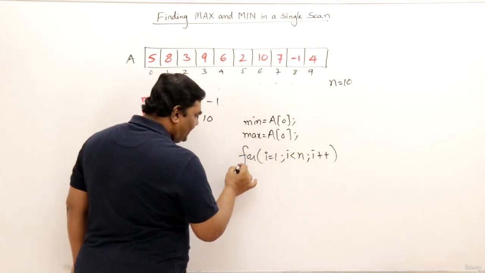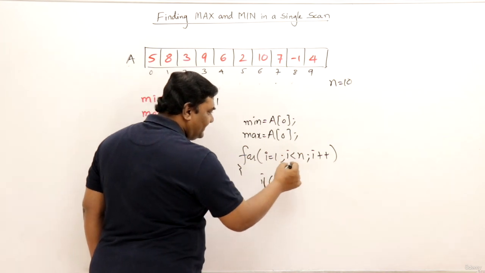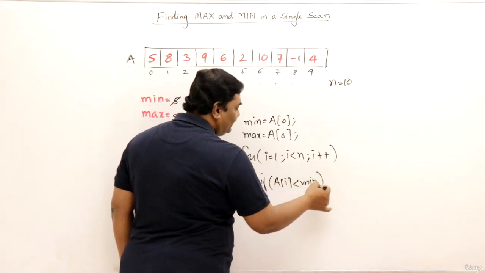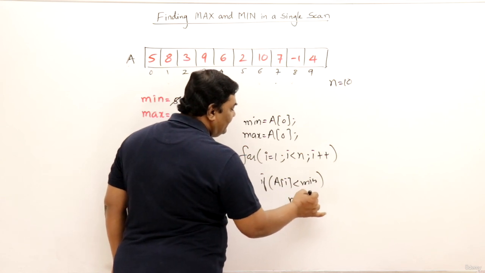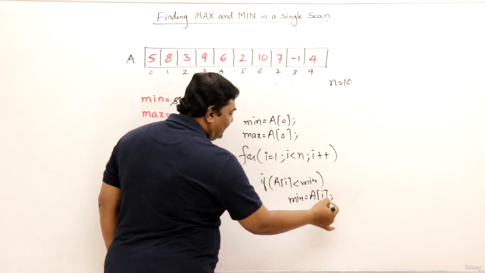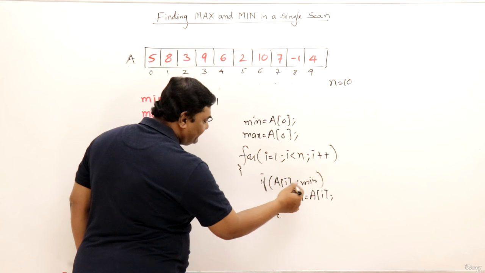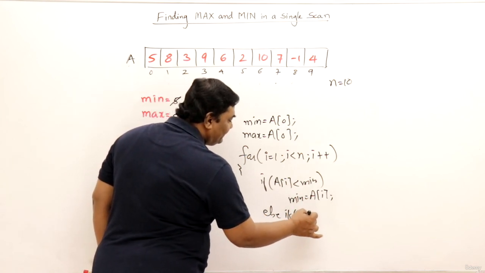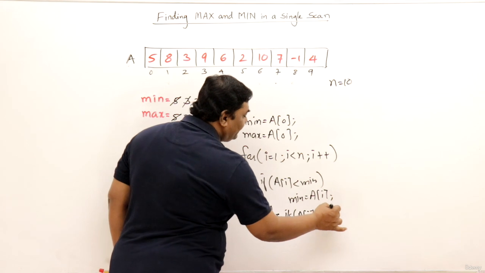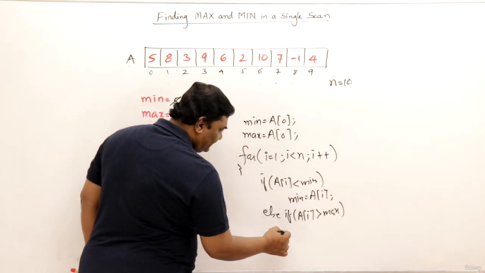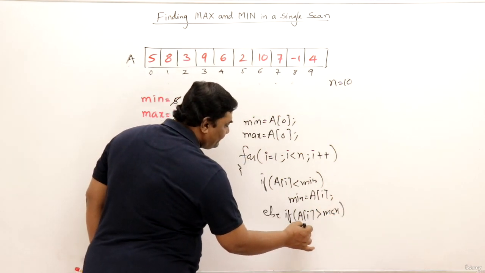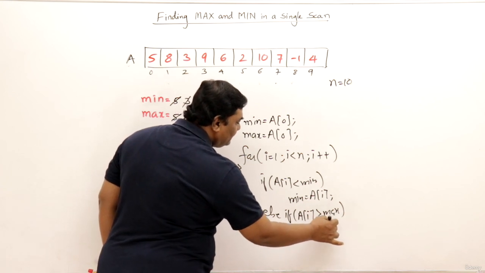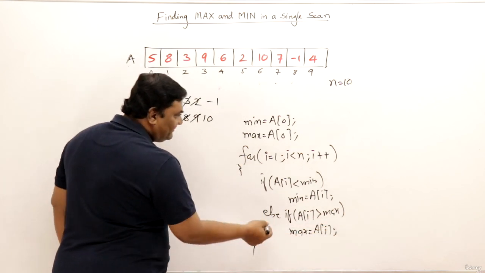Every time, check if element a[i] is less than minimum, then modify min with a[i]. Else, check if the element is greater than max, then change max to a[i]. That's all. This is the procedure.